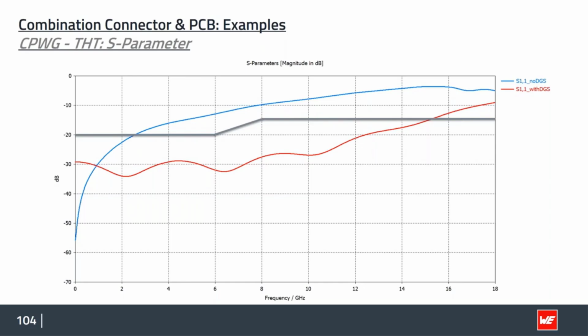I'm pretty sure we can also give it some additional optimization to probably go up to 16 and stay within our limits. So you can really see the DGS structure is very helpful.